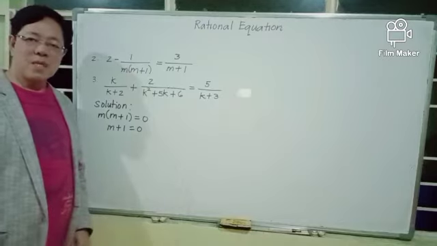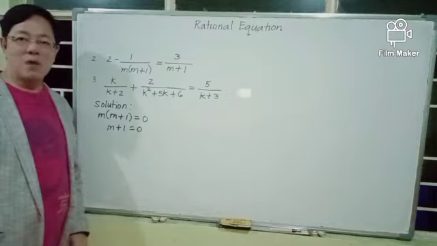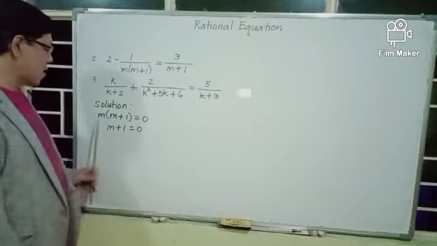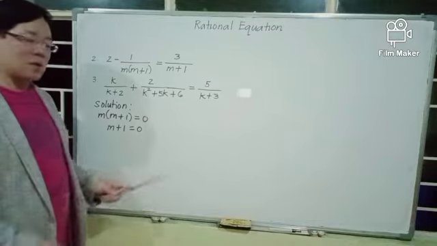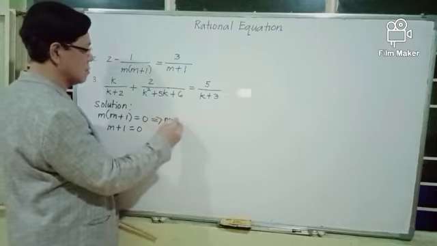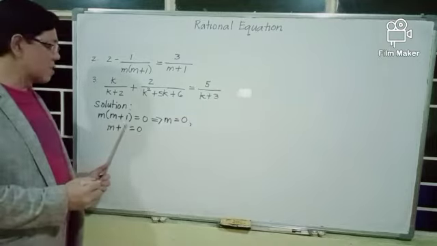And in solution of quadratic equation by factoring, after you factor out the quadratic expression, you set each factor to 0. So we set m equals 0. And we set the other factor m plus 1 to 0.